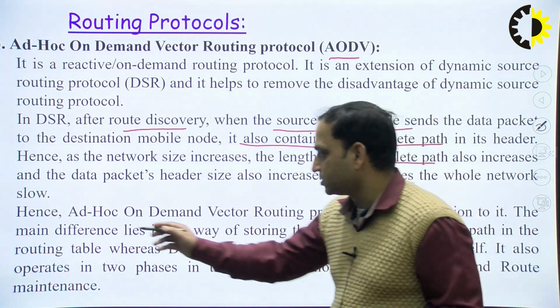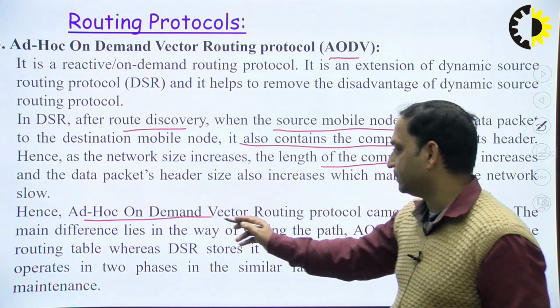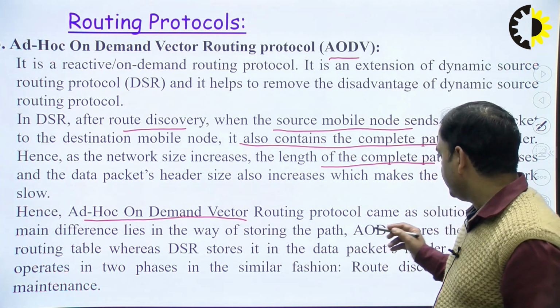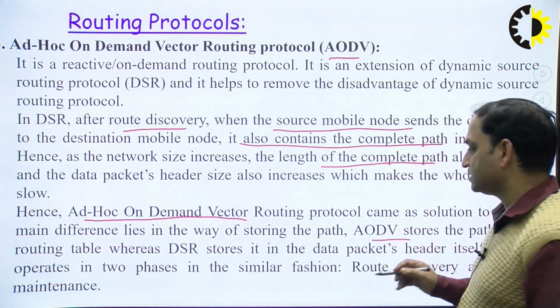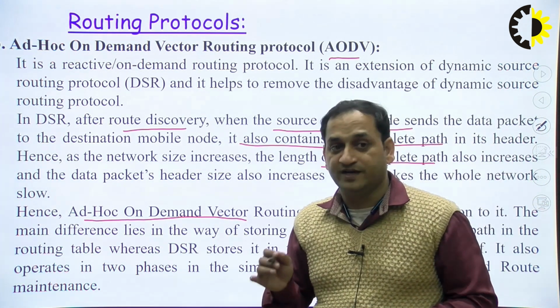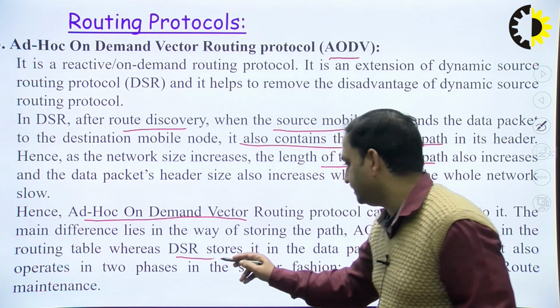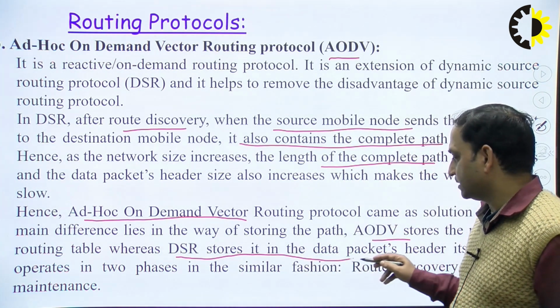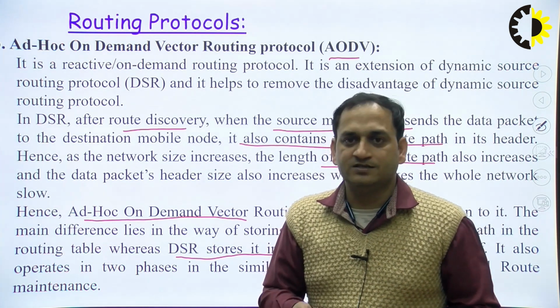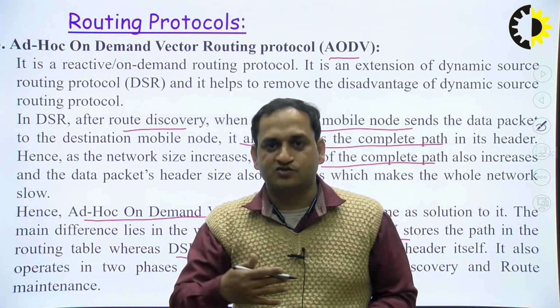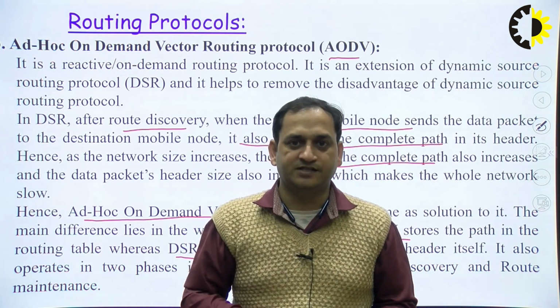So the solution for that is the AODV routing protocol, which stores the path in the routing table, whereas DSR stores it in the data packets. This is a very big difference, right? With a routing table, the route information is updated regularly.